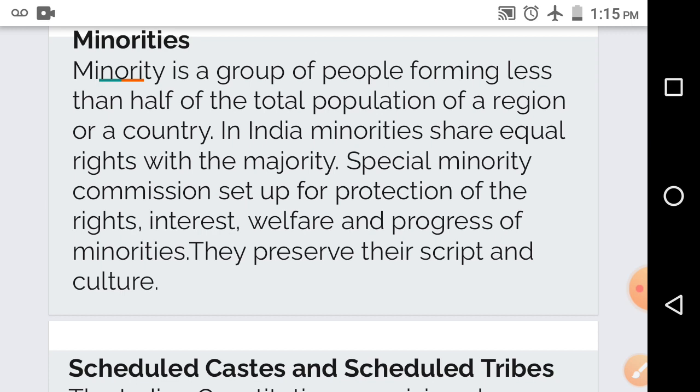Contrary to this, a group which is in a minority in a state can be in a majority at the national level. In India, minorities share equal rights with the majority. Moreover, special provisions have been made in the Constitution to protect and encourage their region, religion, language, culture, script, etc.